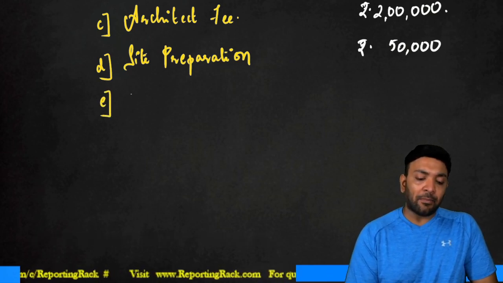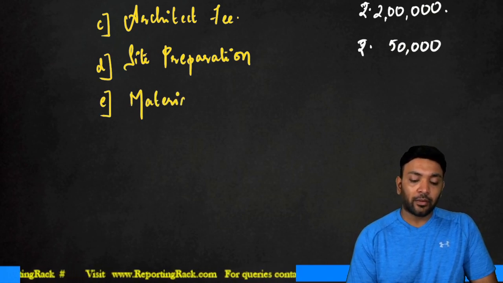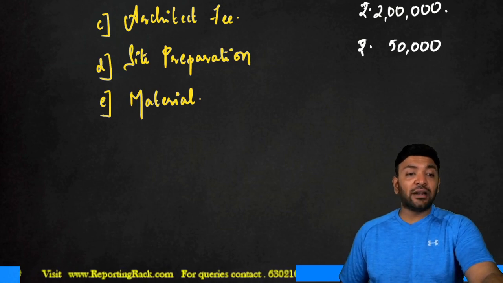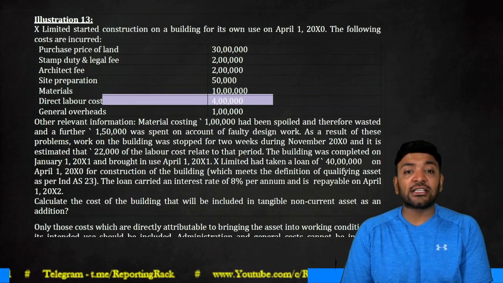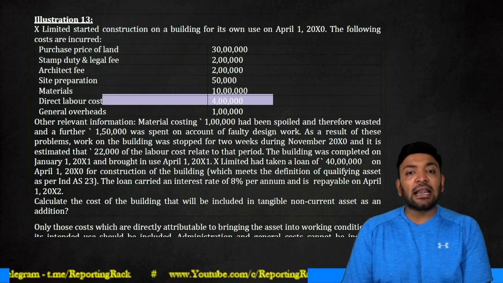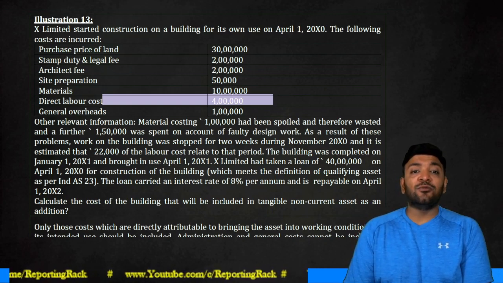Now I'll take up my materials where I have adjustments. What is the cost of material given in the question? Material cost given in the question is 10 lakhs. But down below he said 1 lakh worth of material is spoiled and therefore it is wasted.